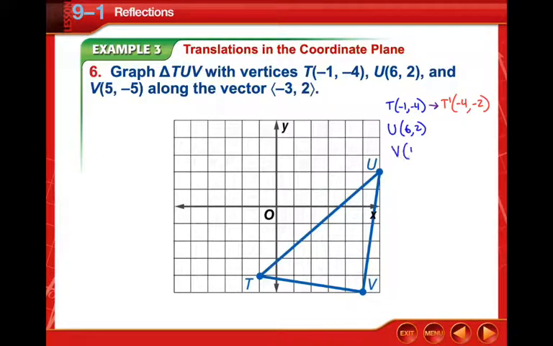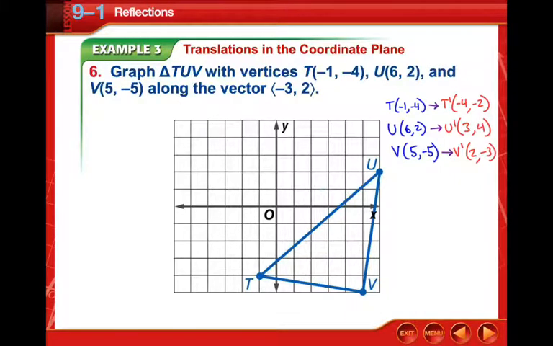And v, I'm going to write this down, 5, -5. For u prime, we are at, so 6 plus -3 is 3, 2 plus 2 is 4. And v prime, 5 plus -3 is 2, -5 plus 2 is -3.